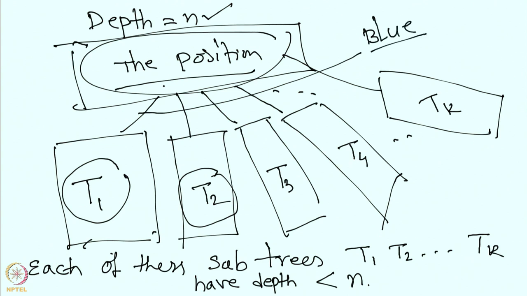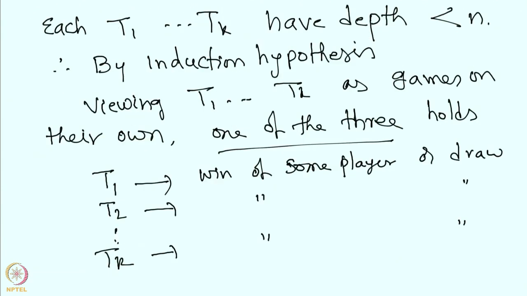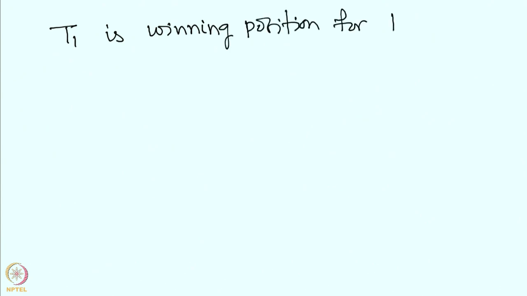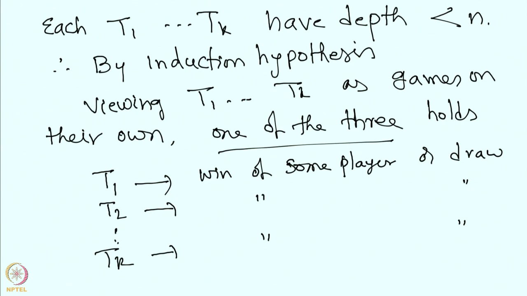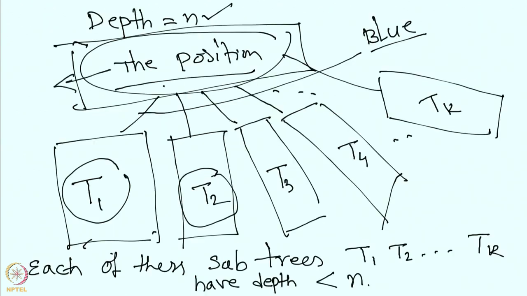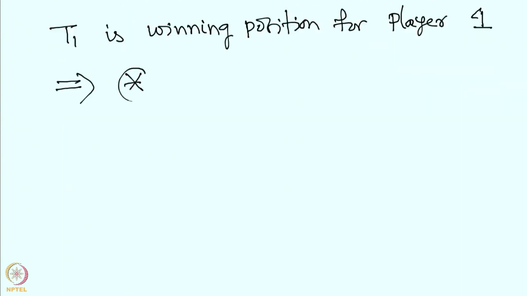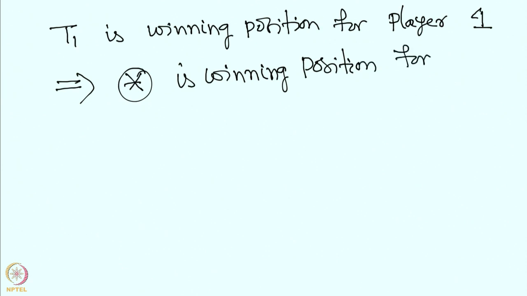That means if I say that the game tree T1 is a winning position for player 1, it implies, let me call this position a star, that star is a winning position for player 2.